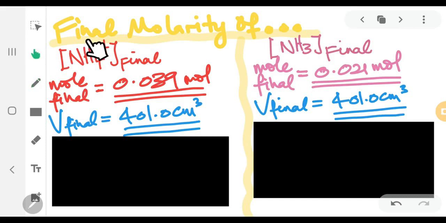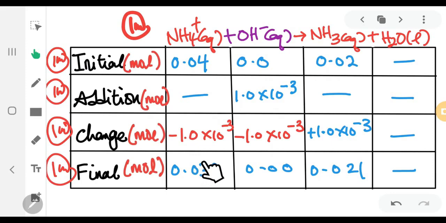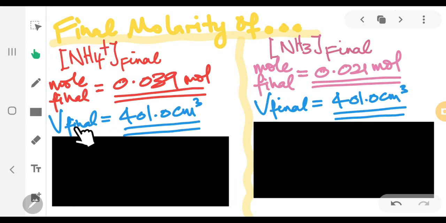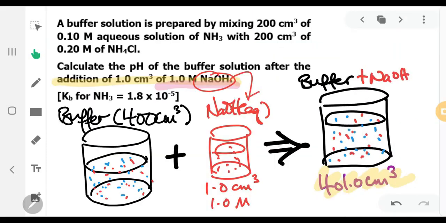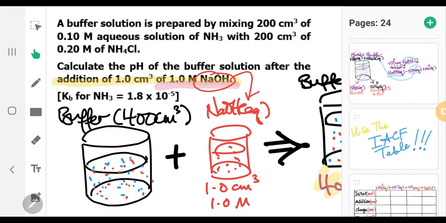So the next step is to find the final molarity of your NH4+ and NH3. Final mole, we have figured that out for both through your ICF table over here. And then final volume, we have figured that out at the beginning of the question right there. So this is the final volume when you add these two things together.